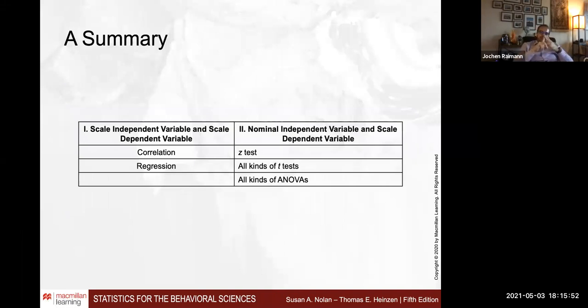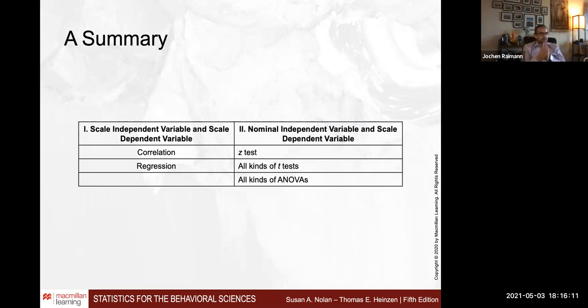So when you have a scale independent variable and a scale dependent variable, you would resort to either correlation or regression. If you have a nominal independent variable and a scale dependent variable, you would use a t-test.